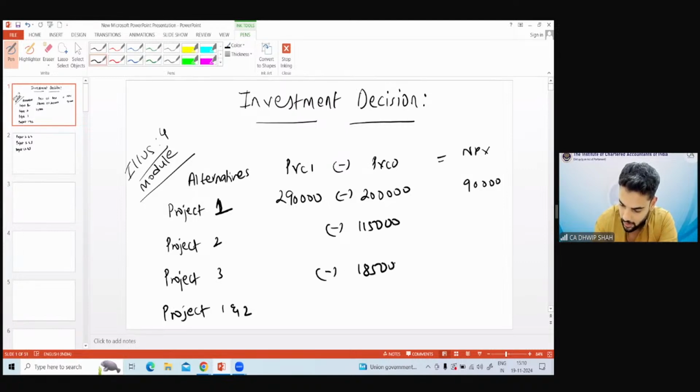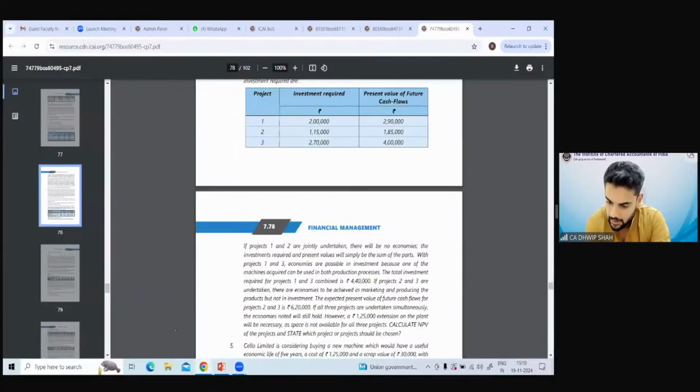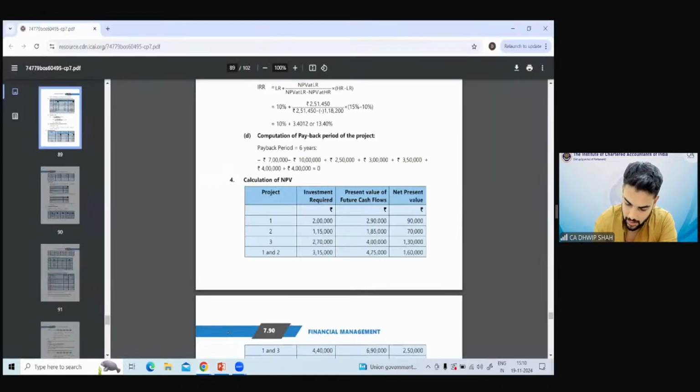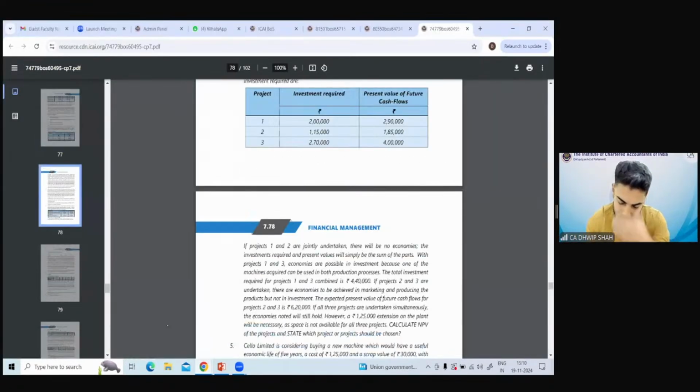Project 3's investment is 185. Oh, sorry, the present value of cash inflows is 270 for project 3, and 185 is the PVCI of project 2. And 4 lakh is the investment for project 3.